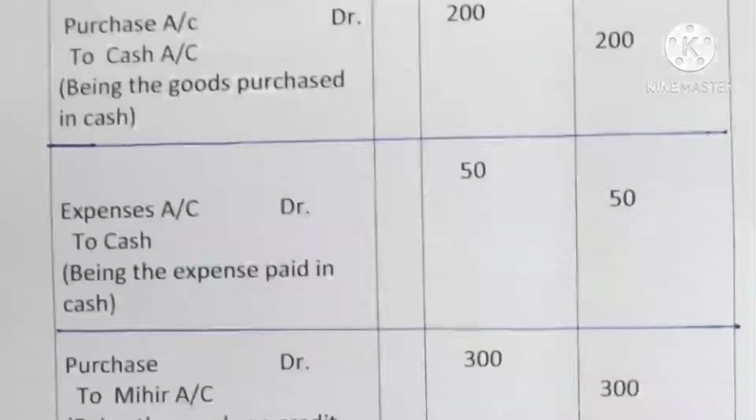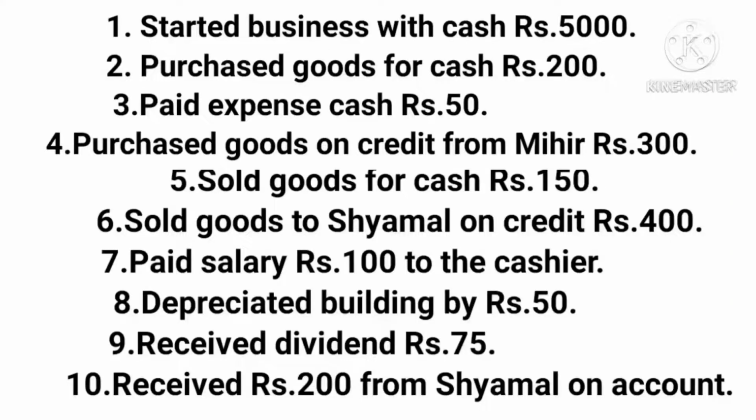So we write in journal expenses account debit rupees 50 to cash account rupees 50 credit, and narration will be being the expenses paid in cash.